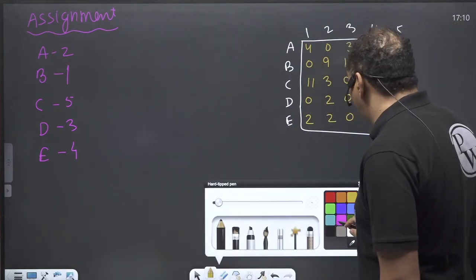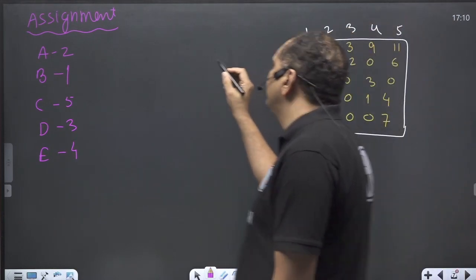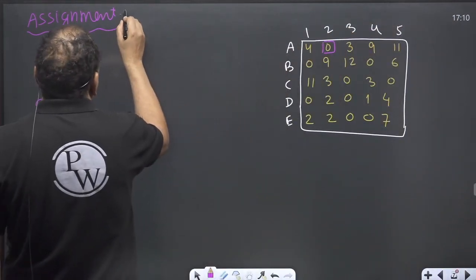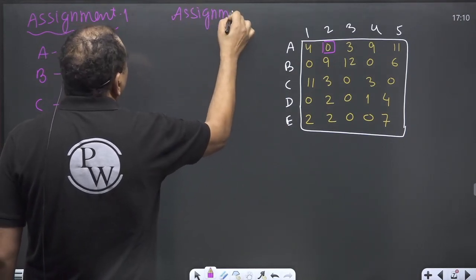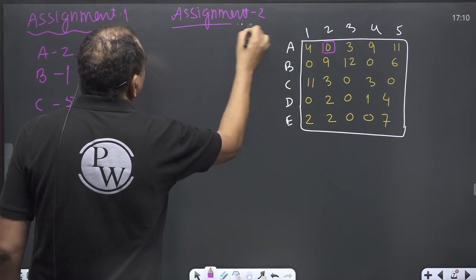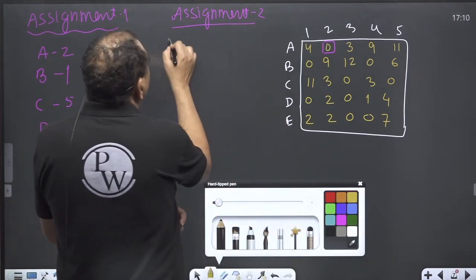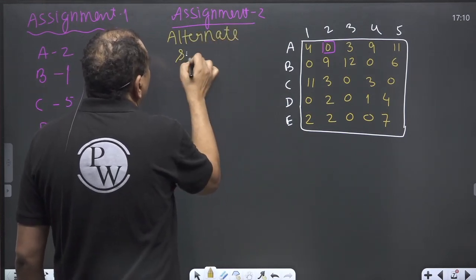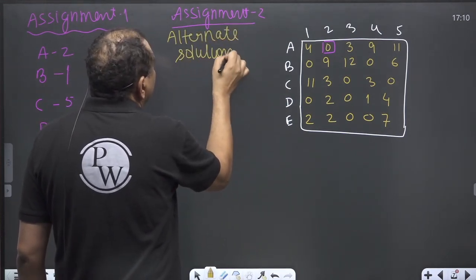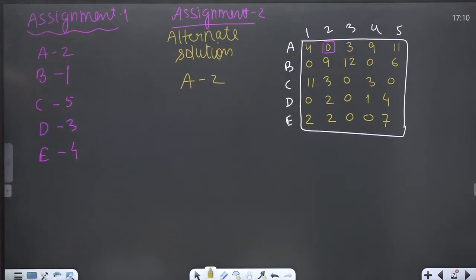Assignment can be done only on zeros. So A, anyway, we don't have any problem. Assignment 1. So what I'm telling you, it's an alternate solution. A is to 2, here also A is to 2, we don't have any option.